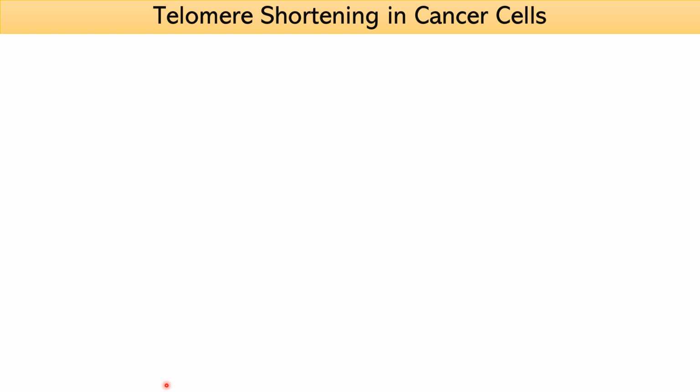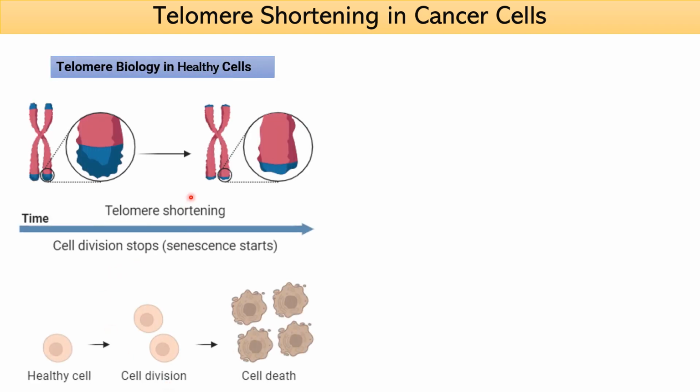So now we will have a short look at telomere shortening in cancer cells. As we now know, in healthy cells, after several cell divisions, the telomere will start getting short, and this telomere shortening will induce either cell senescence or cell apoptosis, and the healthy cell will just die after several cell divisions.